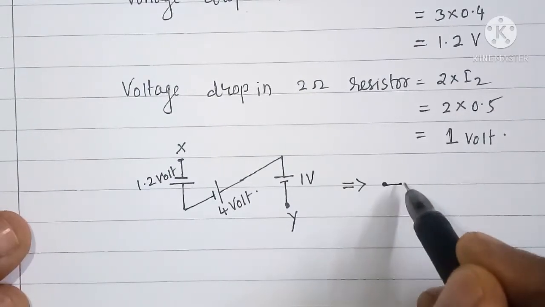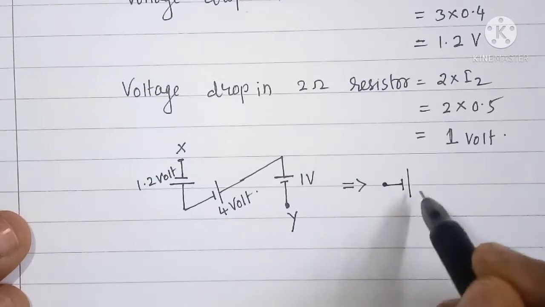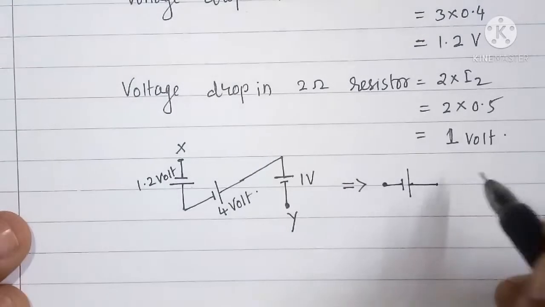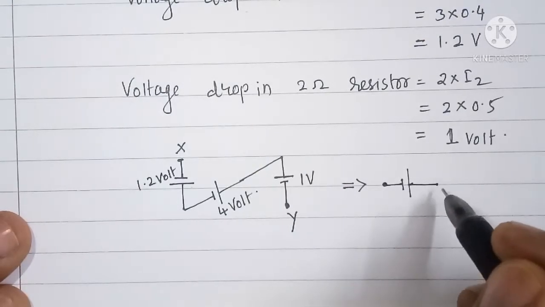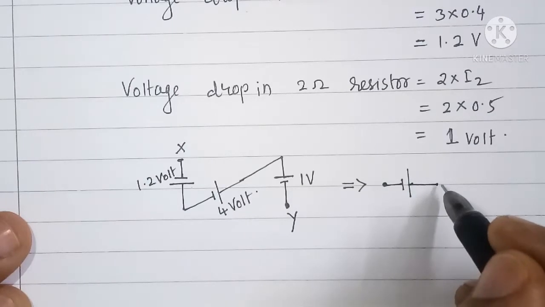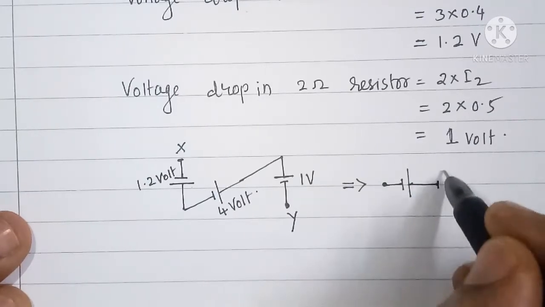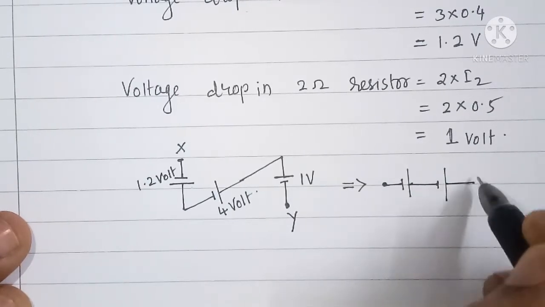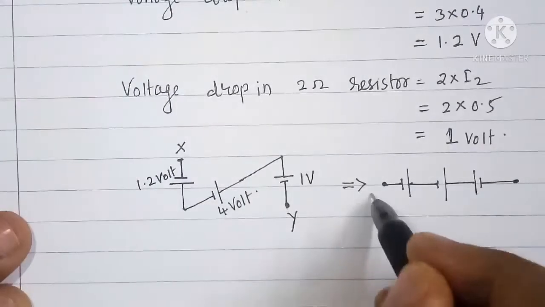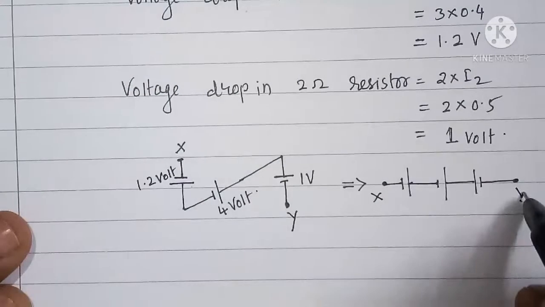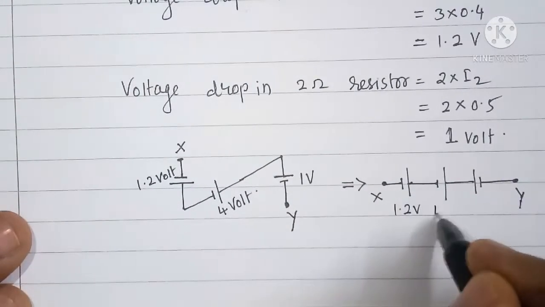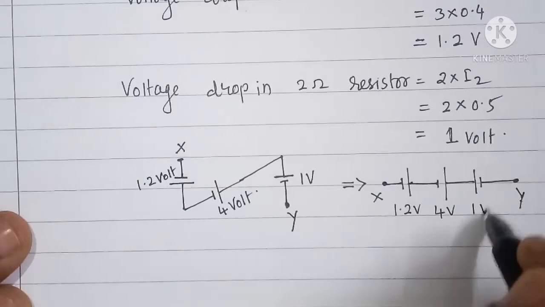Then it appears so: X is here now and Y is here. This is 1.2 volt, this is 4 volt, and this is 1 volt.